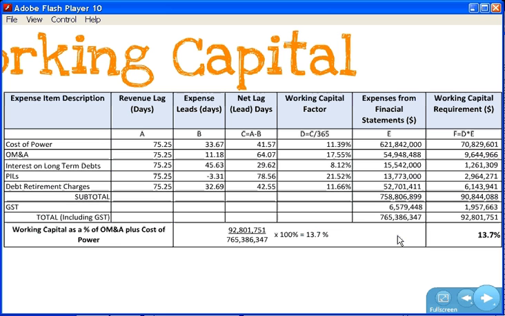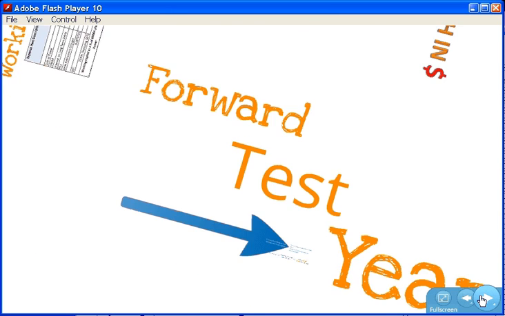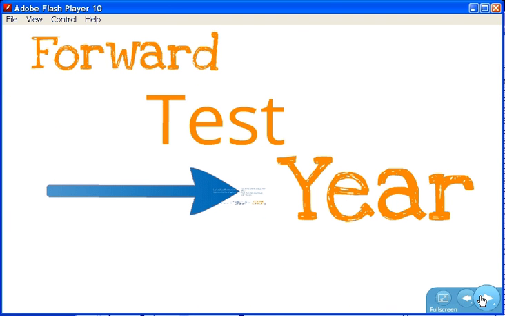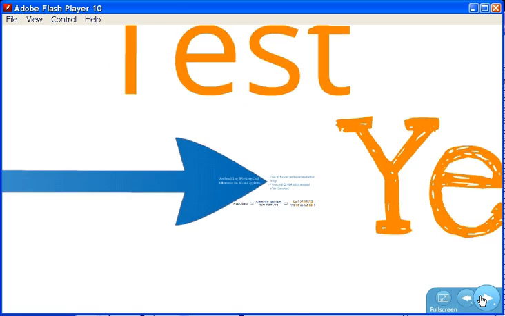But the lead lag study is based on historical values. So what do you do when you do that for your cost of service? Well, you need to apply it in your forward test year.